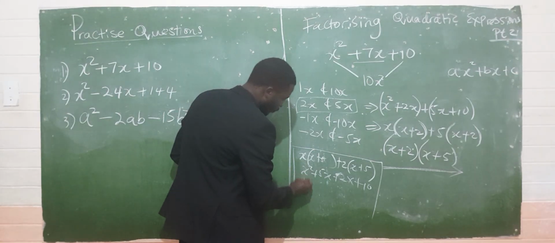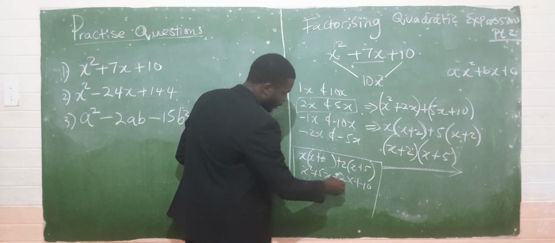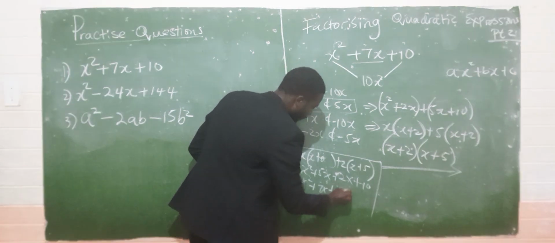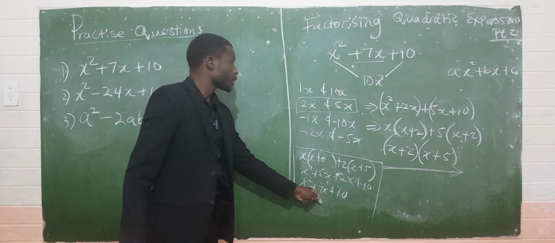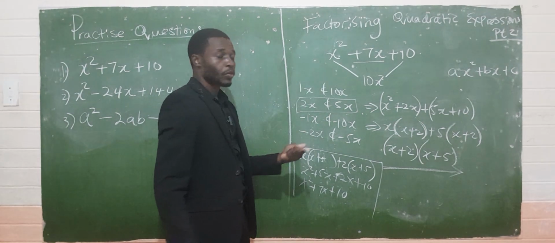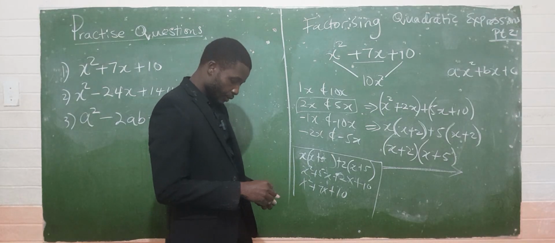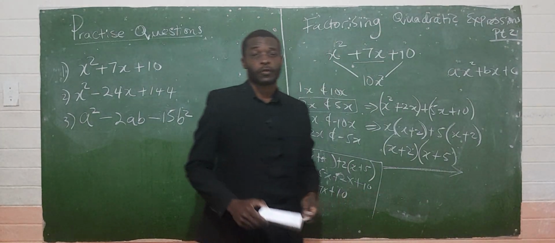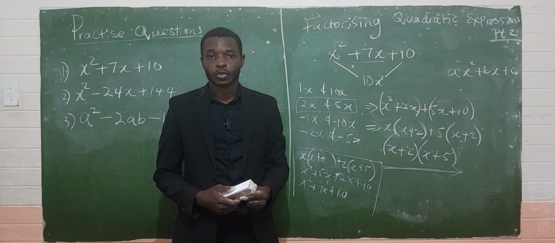And of course, x squared has no term like it, but this gives us a 7x, and of course, plus a 10, which this and this are the same, which means the answer is correct. So anytime you doubt your answer, you can easily prove. Hope it makes sense to you.